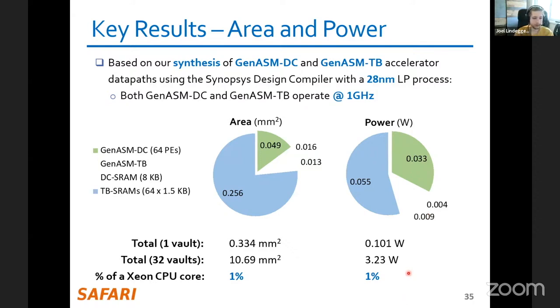But note that in total, this accelerator, which I believe is already 32 copies of the accelerator here, is just 10 millimeters squared. That's tiny, right? That's 0.1 centimeters squared, or about a hundredth of what a modern CPU uses.